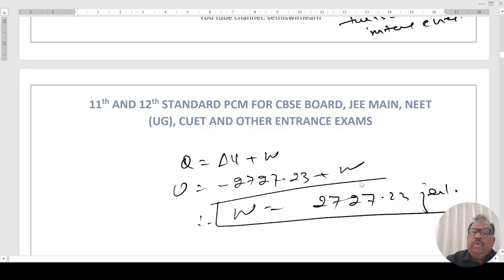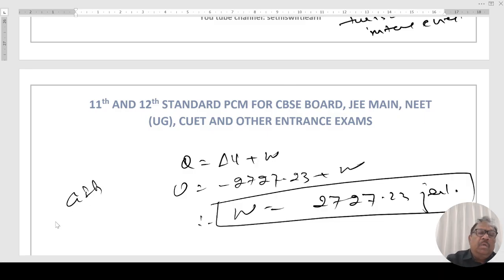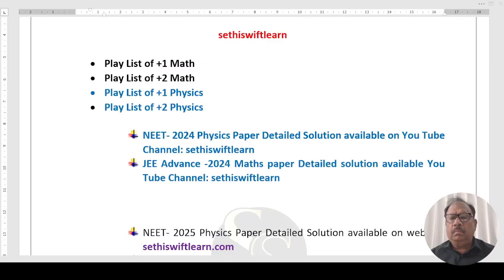This is positive. Work done by the system is positive. The sign convention is: heat given to the system is positive, increase in internal energy is positive, and work done by the system is positive. This is the answer of the C part.